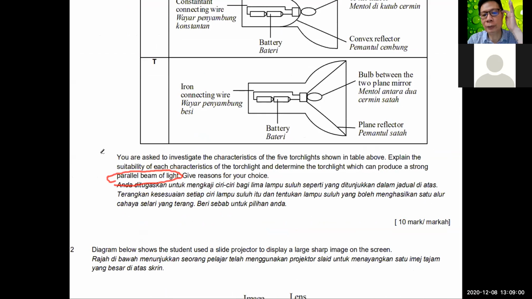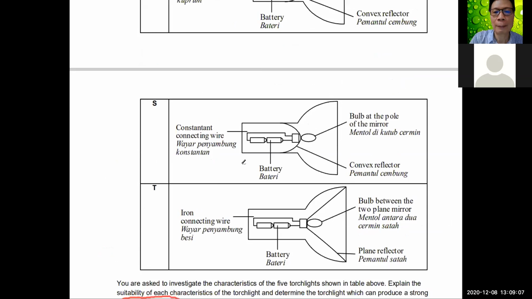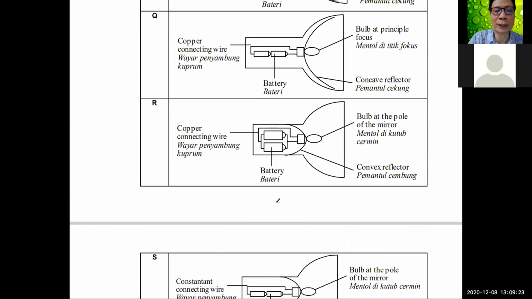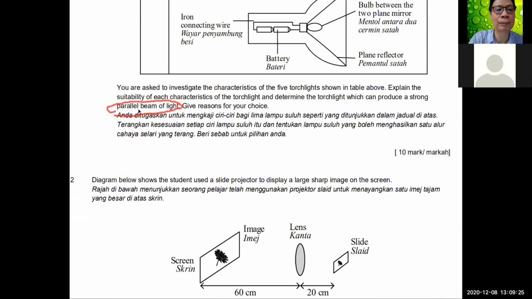They want you to choose a torchlight which can produce parallel light. Why parallel? Because the light can travel a longer distance. Let me tell you first, we have to start with the most important one, because the question says produce parallel.